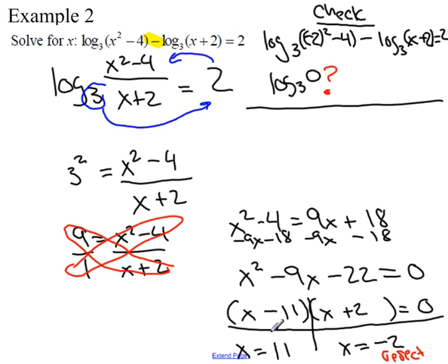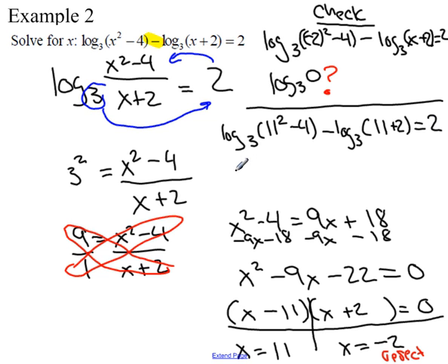Let's now check the 11. So that's going to be log base 3, 11 squared minus 4 minus log base 3, 11 plus 2 equals 2. So what we want, hopefully, if we did everything correctly, is for the left side of the equation to equal 2.